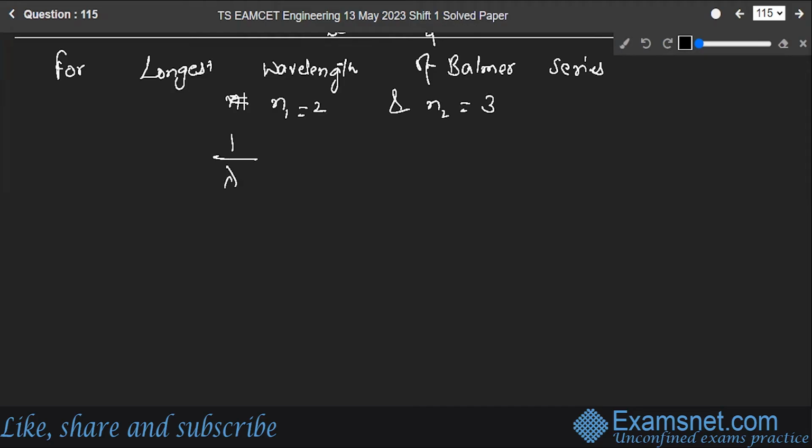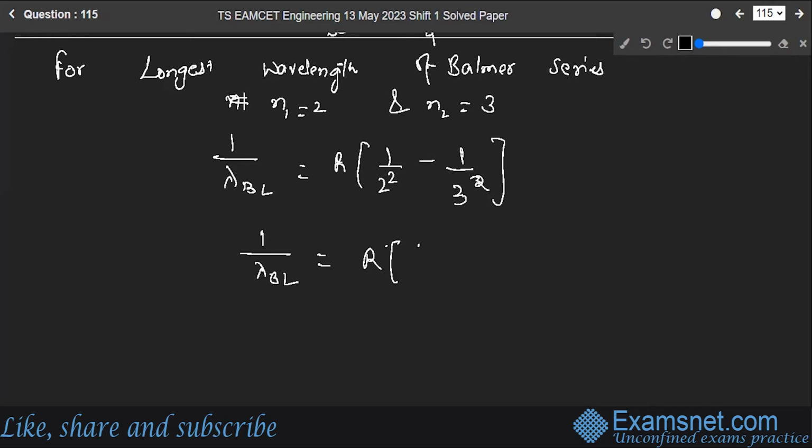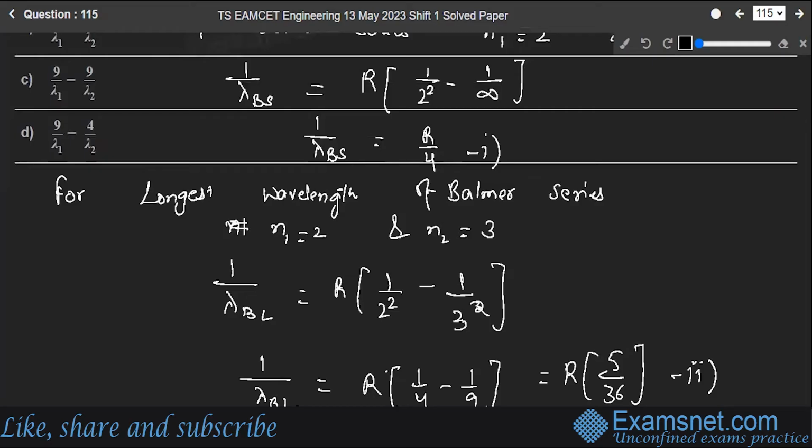So that means 1 upon lambda BL is equal to R into 1 upon 2 square minus 1 upon 3 square. This gives you 1 upon lambda BL is equal to R into 1 upon 4 minus 1 upon 9, that is equal to 5 upon 36 into R. Let's say this is equation 2 and this is equation 1.